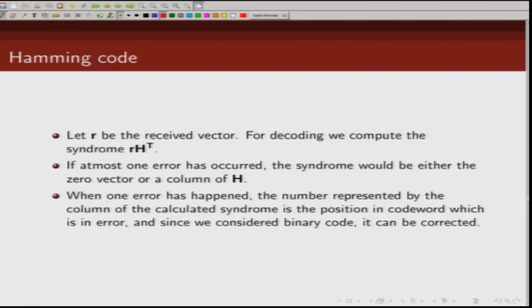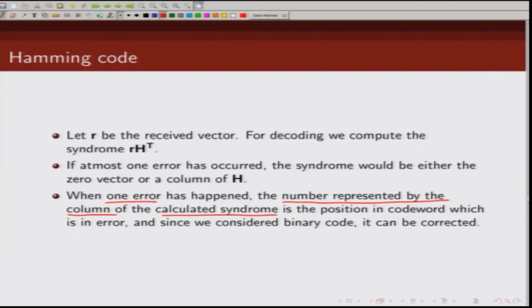So, when a single error happens, the number represented by the column of the calculated syndrome is the position in the code word where the error has happened.